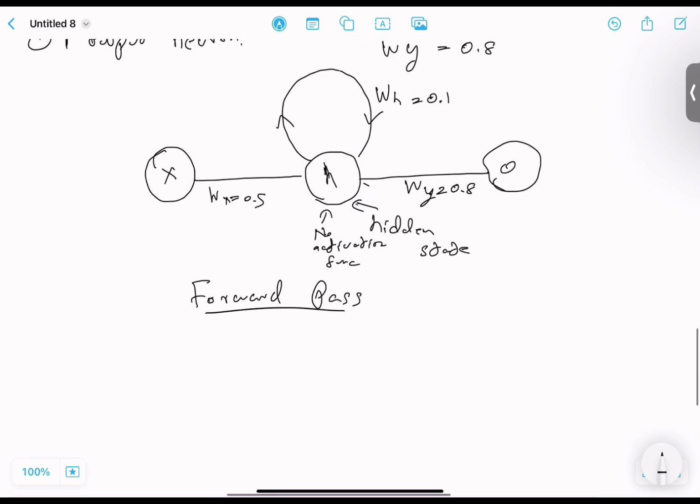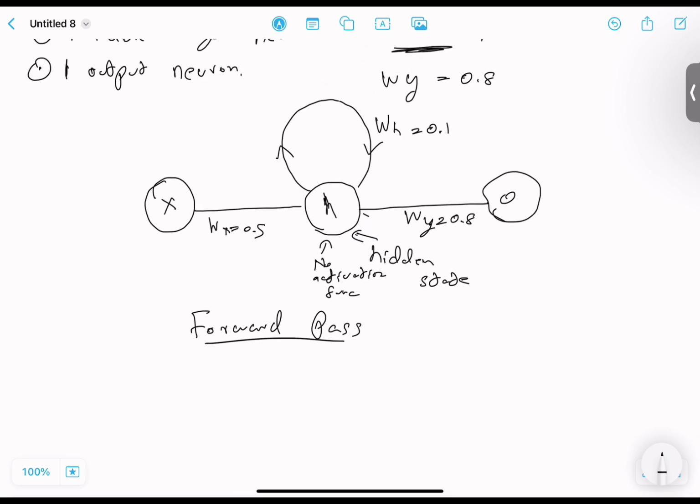So now let's do a dry run. As you know, in a neural network we need to do a forward pass first of all. So let's run a small forward pass. In here I'm more focusing on this hidden state.